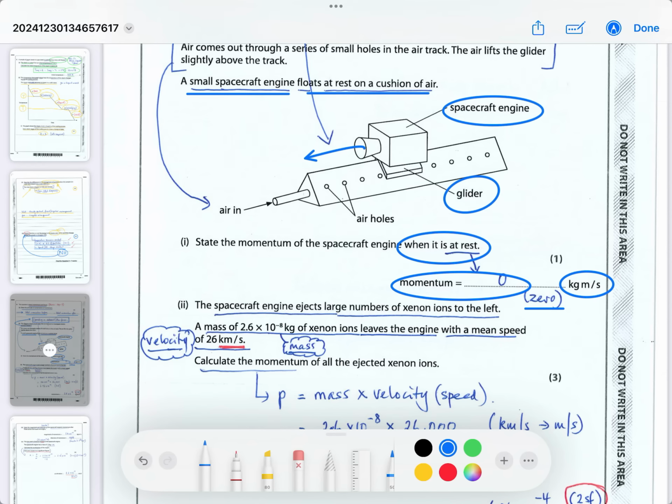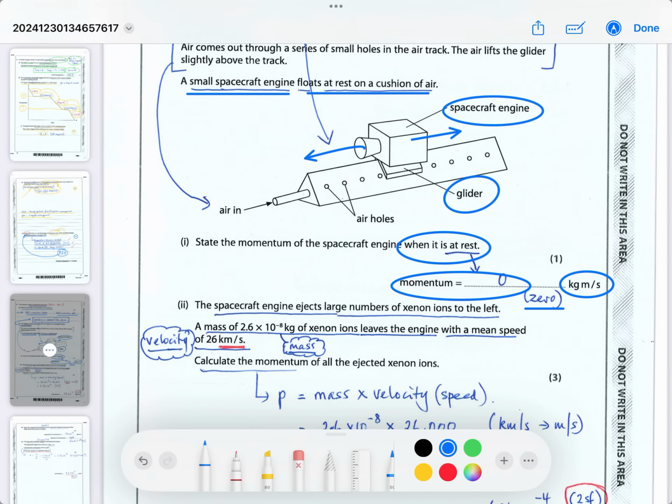Now remember, this is to do with Newton's third law. If some gas is coming out at the back, the momentum of the gas particles is pushed to the left, so that's going to produce, by Newton's third law, an equal and opposite force in the forward direction for the spacecraft. And that's how rocket engines work.